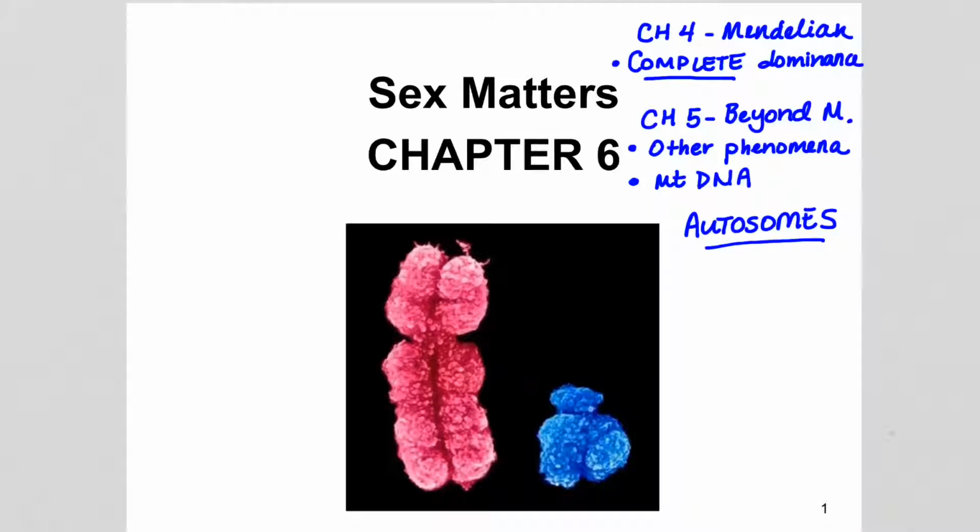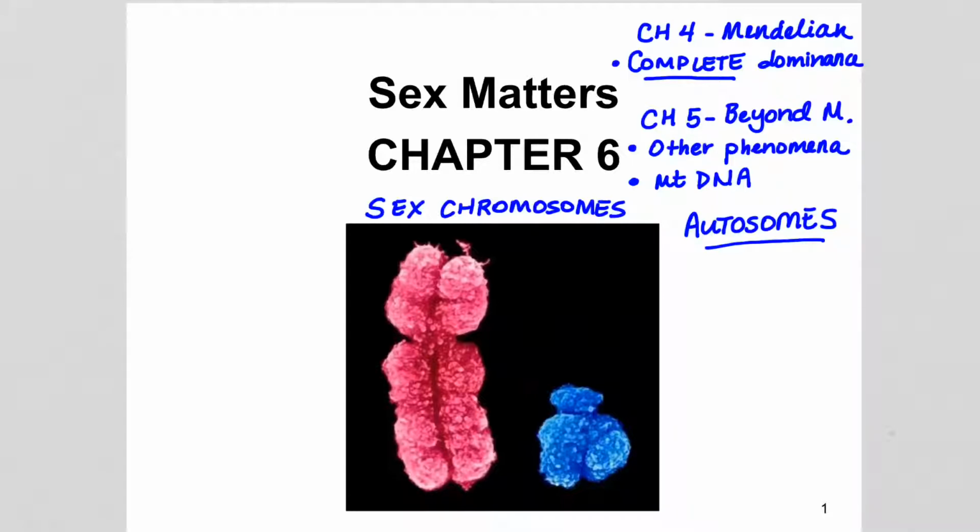With regards to Mendelian inheritance and all the phenomena we covered in Chapter 5, we dealt strictly with autosomes. So chromosomes 1 through 22 were involved in these different factors. In this chapter, we're going to focus solely on the inheritance of sex chromosomes. So the different inheritance patterns that we see due to dominant or recessive genes that are linked or tied to these sex chromosomes.